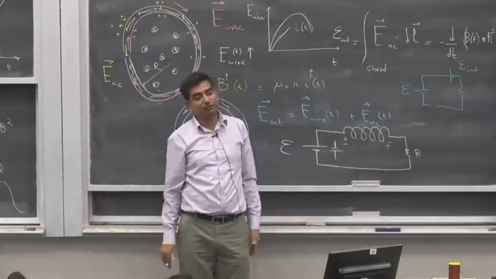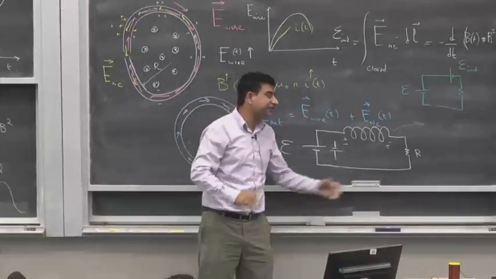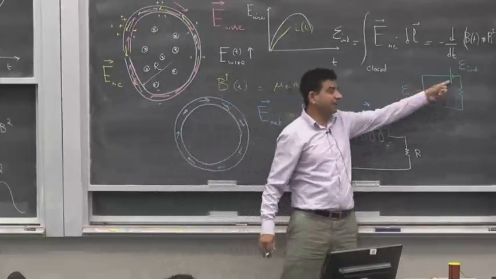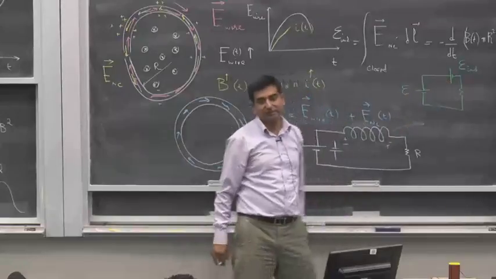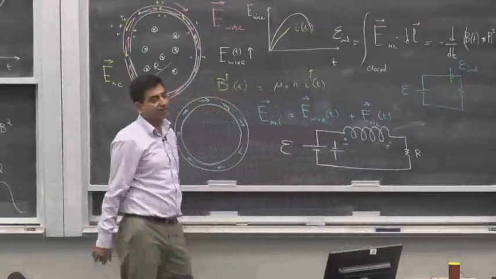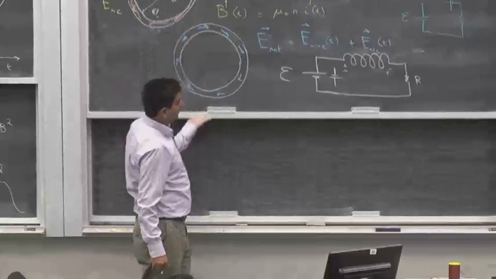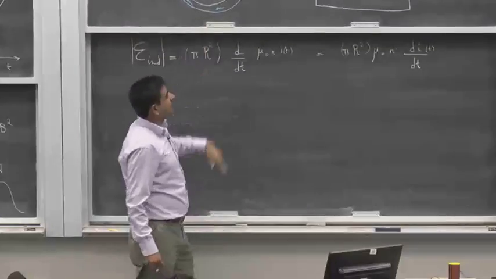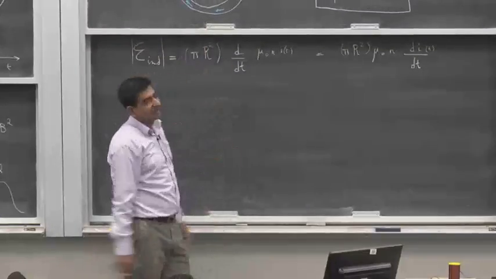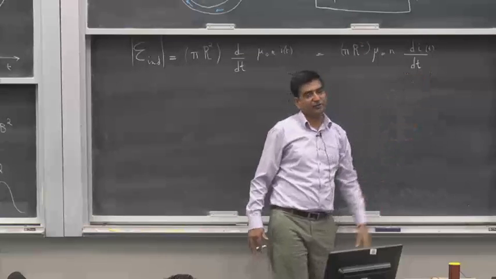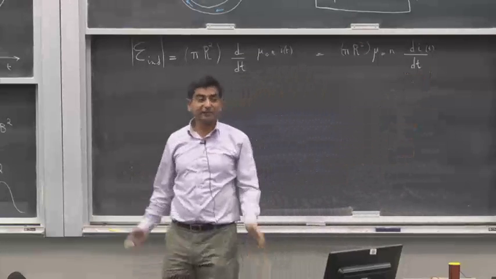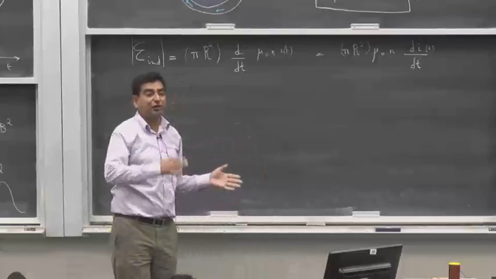Just by Faraday's law, it's going to switch its direction so that this battery, the induced EMF, is always going to oppose this EMF here. It's always in the opposite direction. So this is the magnitude of the induced EMF. It doesn't matter whether the current is going up or down, whether this is positive or negative, there is an induced EMF, and it's always going to oppose the original battery.